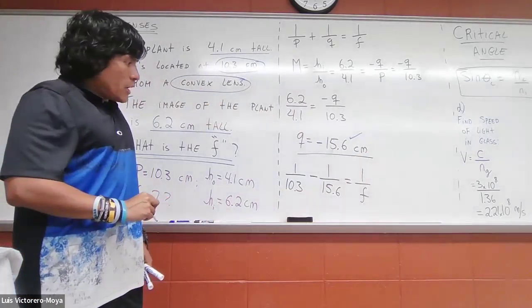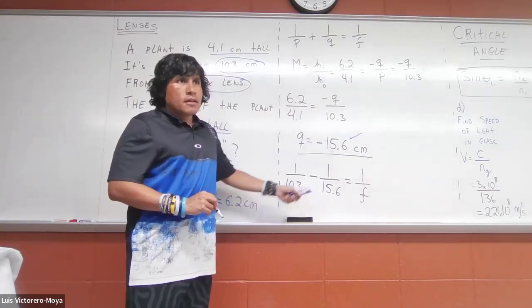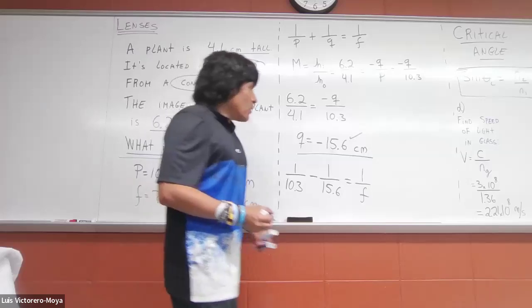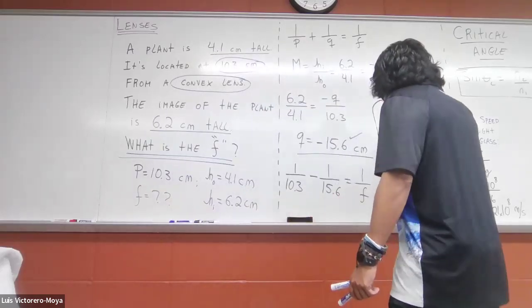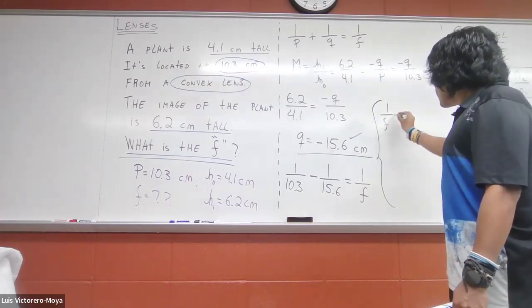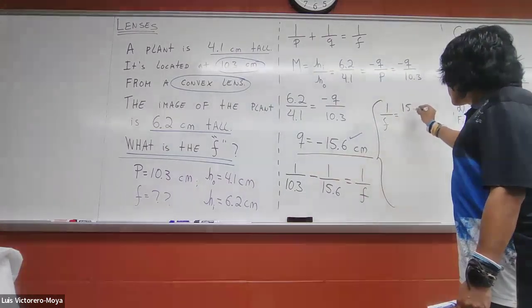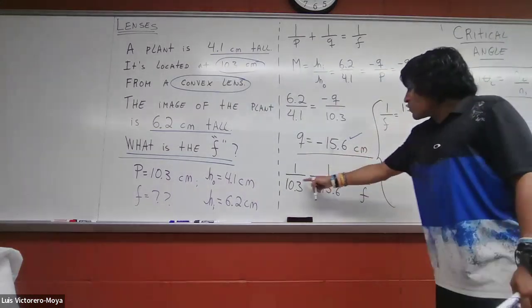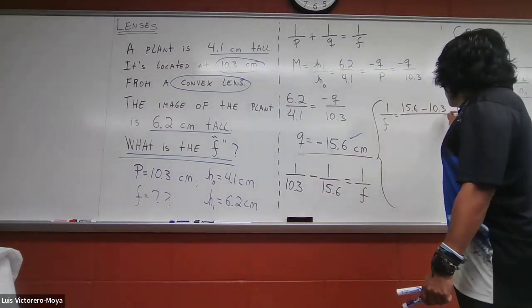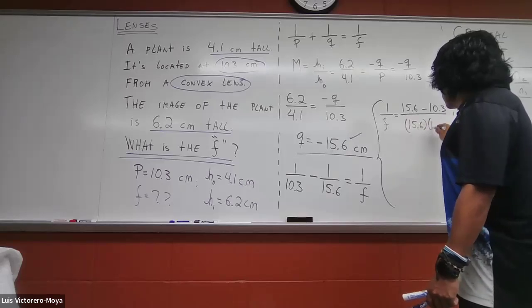All right. Guys, if you have decimals like that, finding the common denominator is just a multiplication, right? So you should know from math that 1 over f is 15.6 minus 10.3 divided by 15.6 times 10.3.